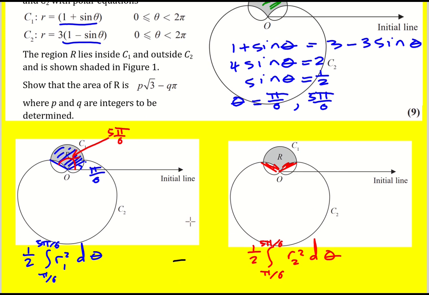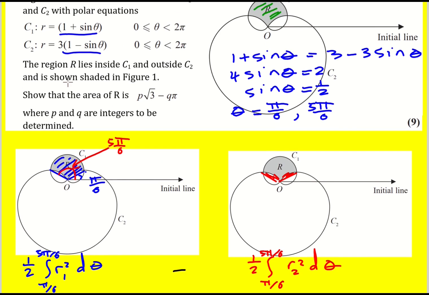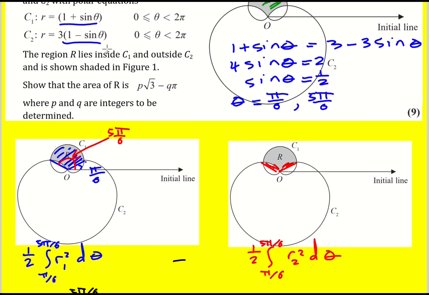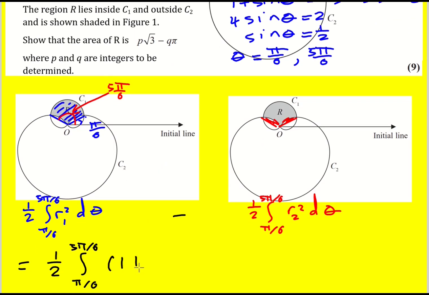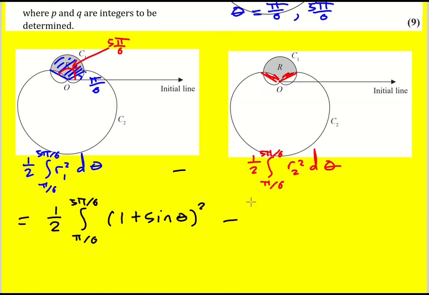So let's do it. I can actually write it as a single integral now. Integral from pi over 6 to 5 pi over 6 of r1 squared minus r2 squared. Now r1, I'm dealing with C1 first. It's going to be 1 plus sine theta, squared, in brackets. And then I'm going to be minusing 3 times 1 minus sine theta squared.